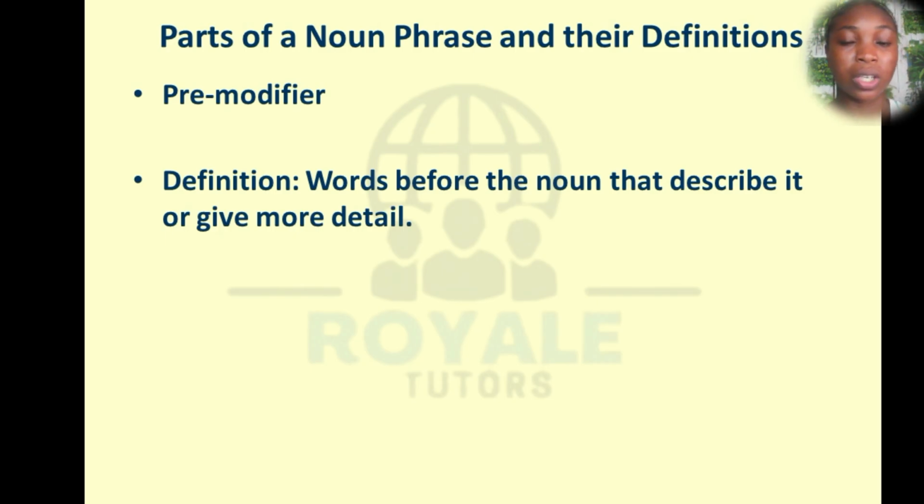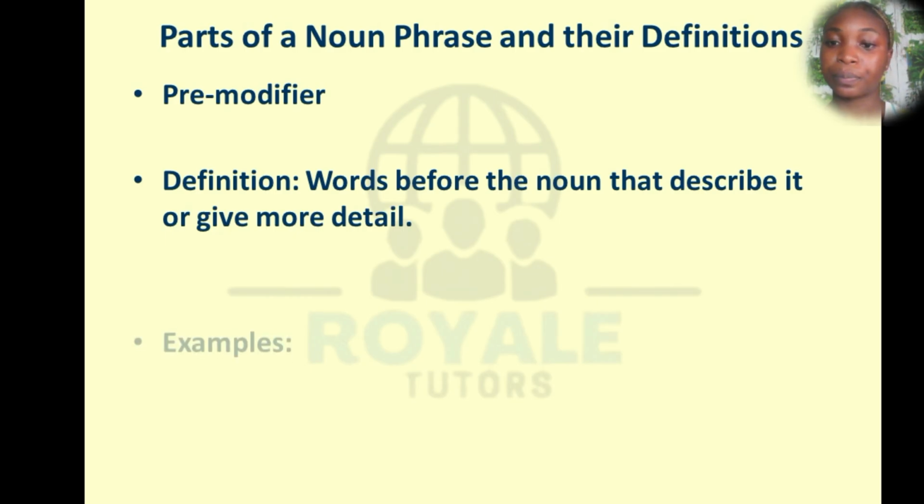Meaning in position, before you see the noun, you will see the pre-modifier. So any word that comes before the noun and is describing the noun, you can call that pre-modifier. Is that okay? So there are words before the noun that describe it or give more detail.